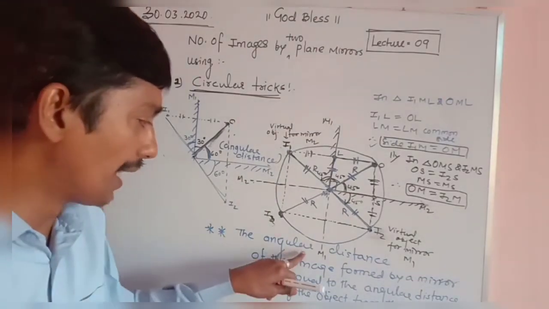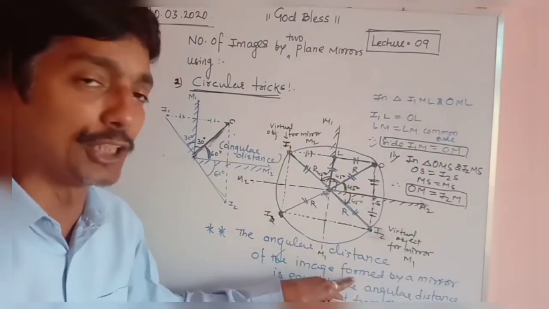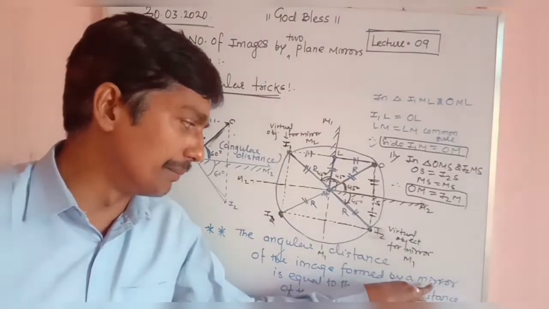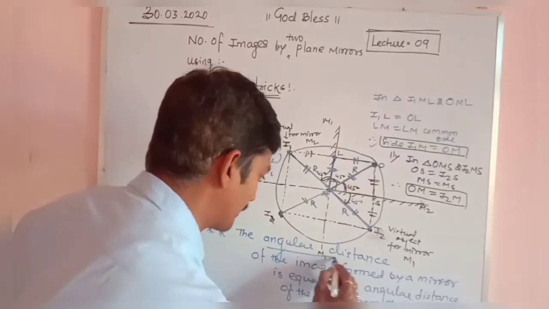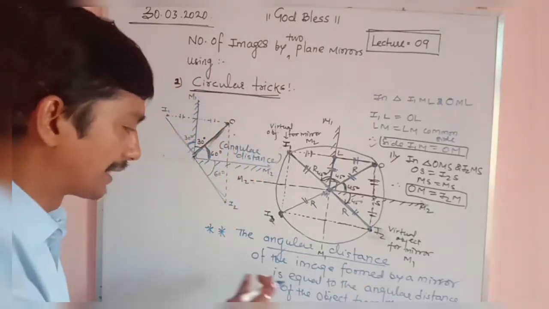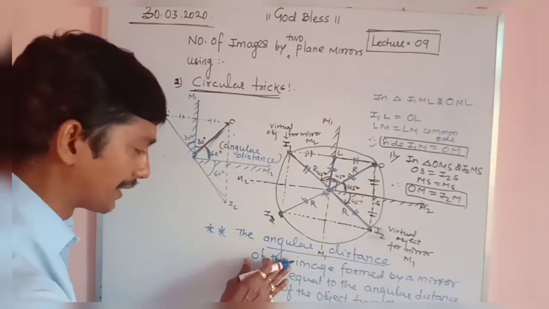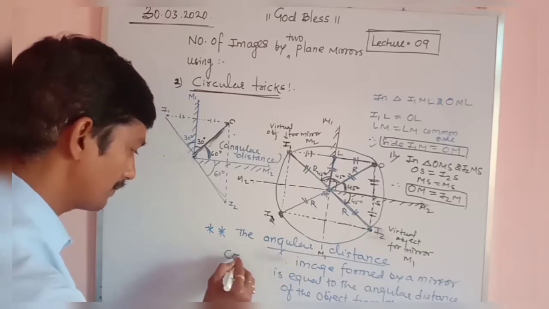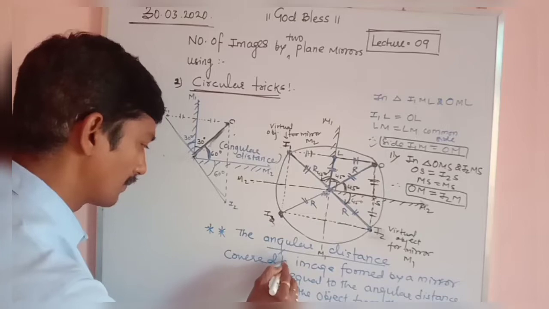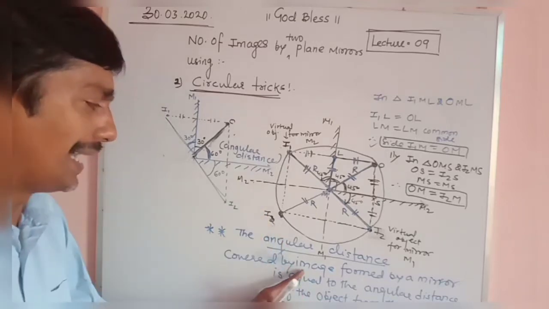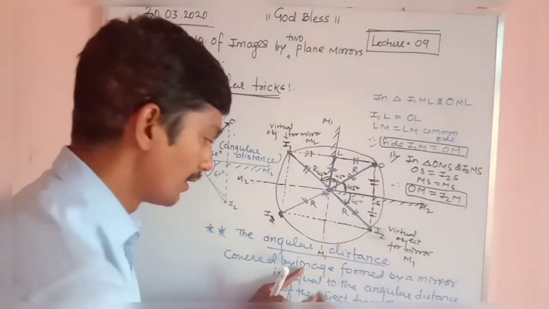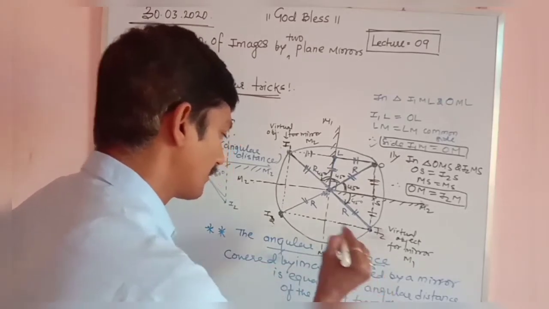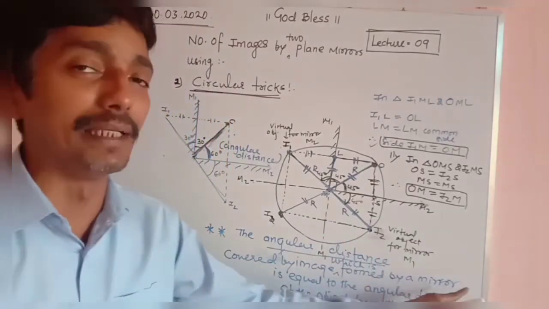The angular distance of the image formed by a mirror, or the angular distance covered by the image, which is formed by a mirror.